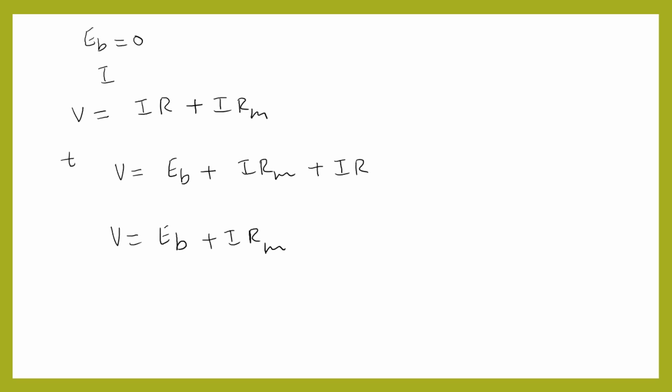So we have V equal to EB plus IRM, where EB is the fully developed value of back EMF. If T is the time in seconds for starting, and if we ignore the voltage drop due to the resistance of the motor armature, then we have the total energy supplied given by VIT watt seconds.